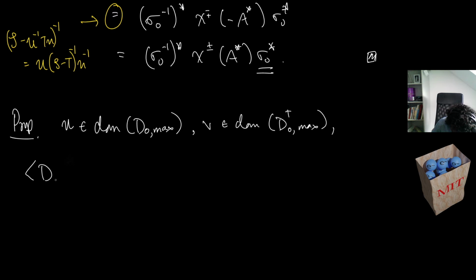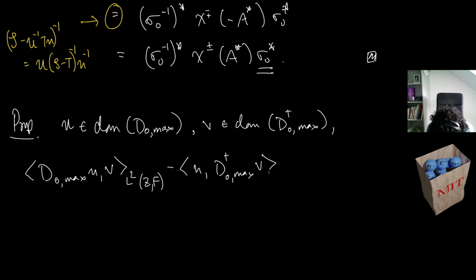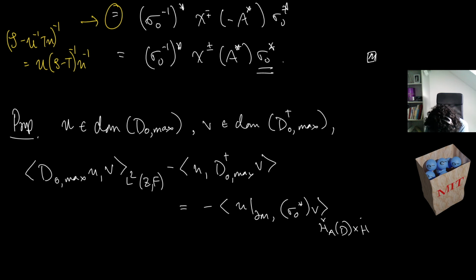Then we have that the L2 pairing of d0 max u with v, minus u with d max v, is equal to negative u restricted to the boundary, star v, and this is the pairing between the check space of A and the hat space, with A naught d naught. Okay, so this is the pairing.